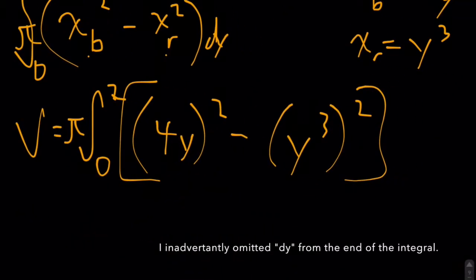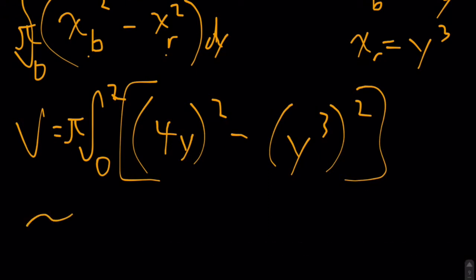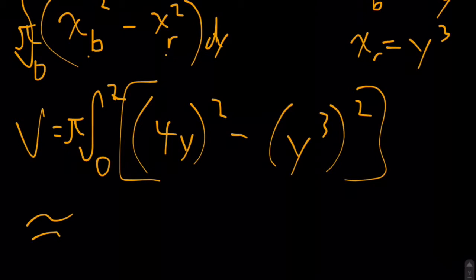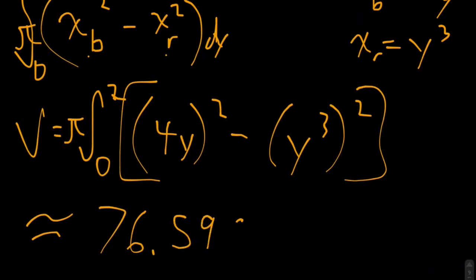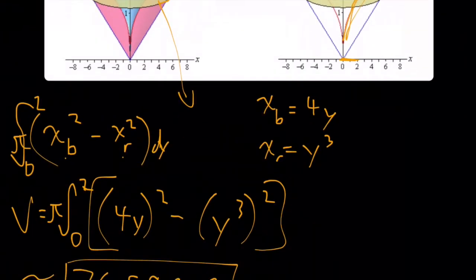When we calculate this, which you could do by hand, but for time's sake I'm going to do it on my calculator, we get the answer of 76.595 units cubed.